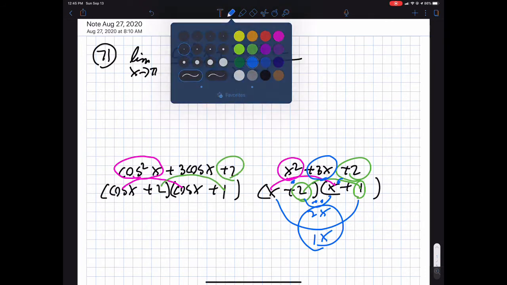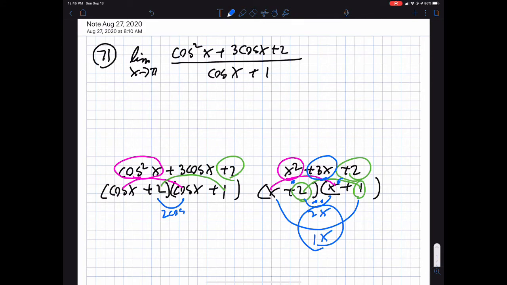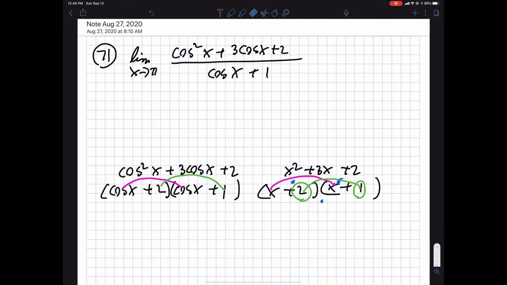And if we take a look at the nose and the mouth, that's 2 cos x and that's cos x. If you add those, you get 3 cos x. So that works exactly the same with cosines as it does with plain x's. The technique you would use is just treat your cosines like they were x's.